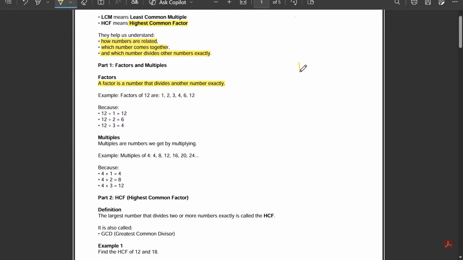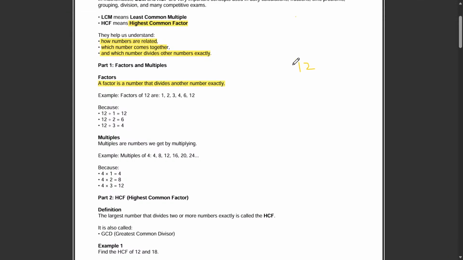If we divide 12 by 2, we get 6. And after that we divide 6 by 2, then we get 3.